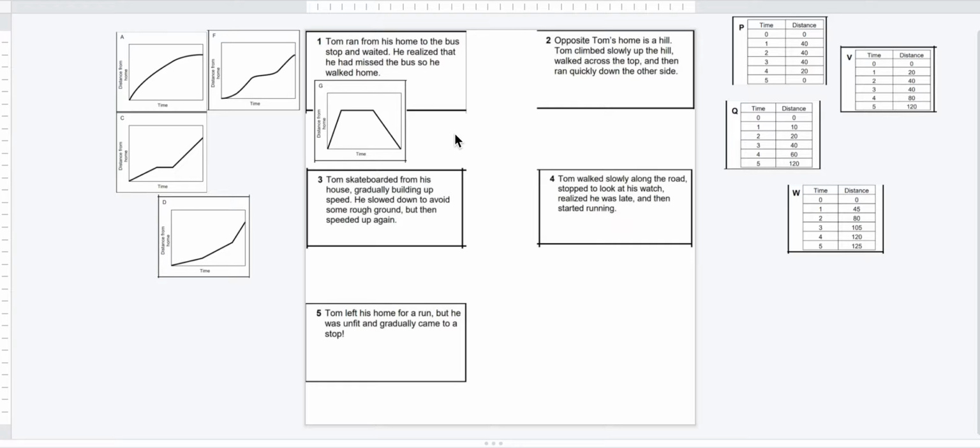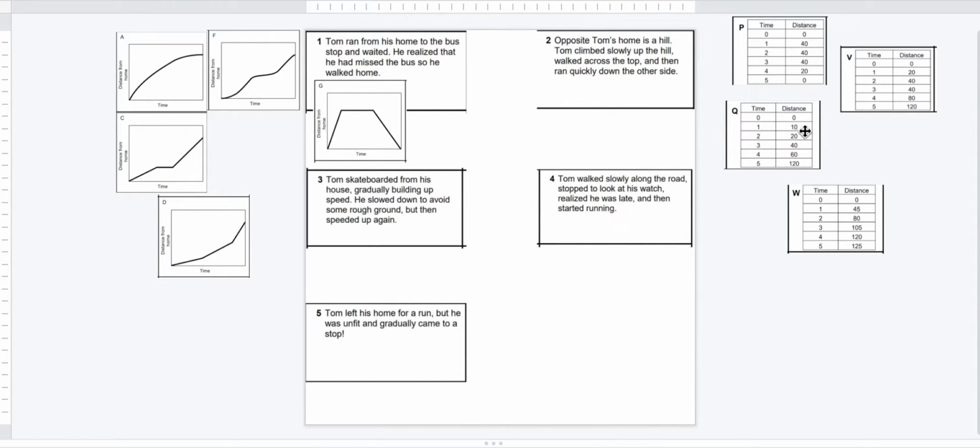Okay. Then if we're wanting to look at maybe which of these shows it, we've got our time and our distance. So remember that Tom stopped for a while. So his distance is going to stay the same for a little bit. So here we've got 0, then he was 40, 40, 40, 20, 0, heading back home.